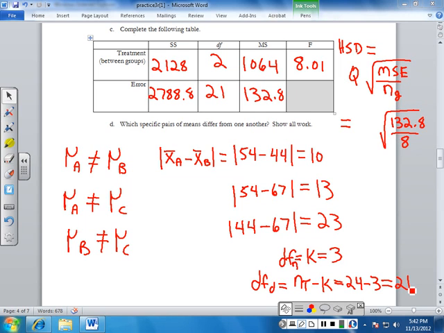So then just go to your Q table for 3 and 21 degrees of freedom, and you'll see that it goes from 20 to 30. Just use the one that has the lower degrees of freedom, the one that has 20. So we'll use 3.58. Q table, values of Q. We have 3 in the numerator, so go to 3. And then go down. If it had a 21, we would go to that.